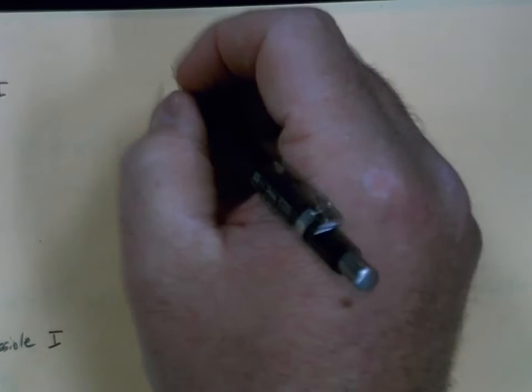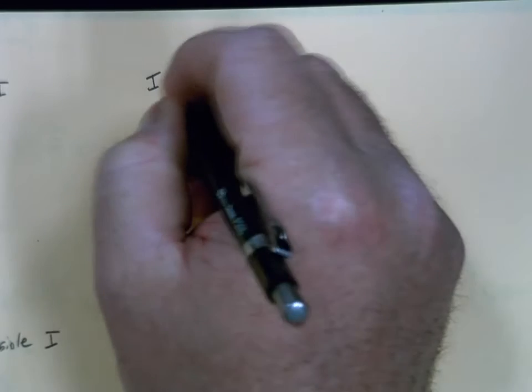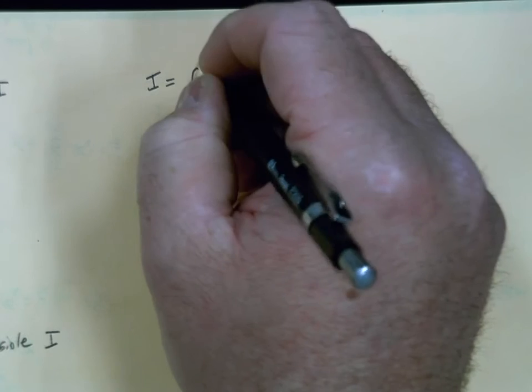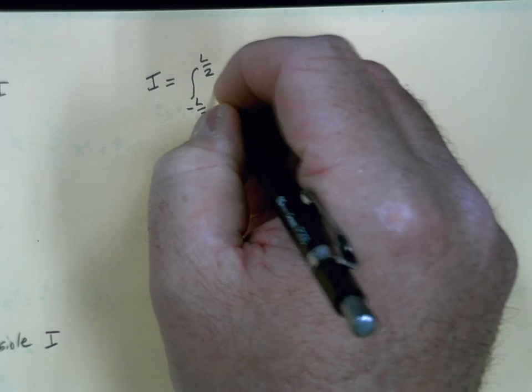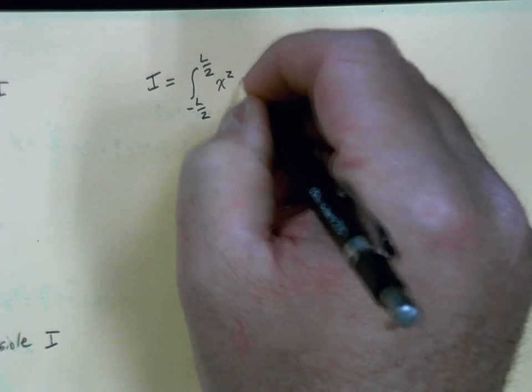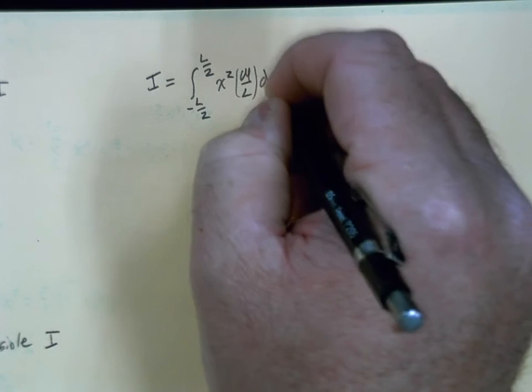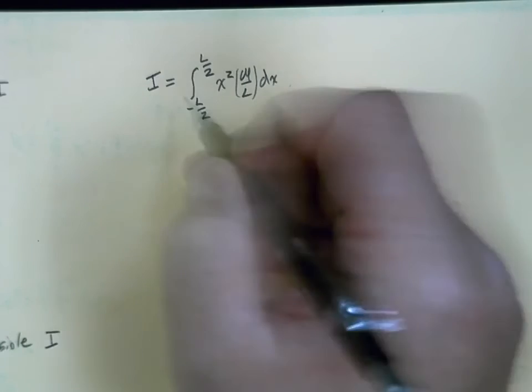Our moment of inertia is going to equal the integral from negative L over 2 to L over 2 of x squared times m over L dx. We can pull the m over L out front.